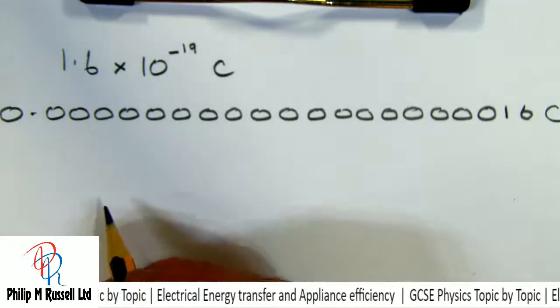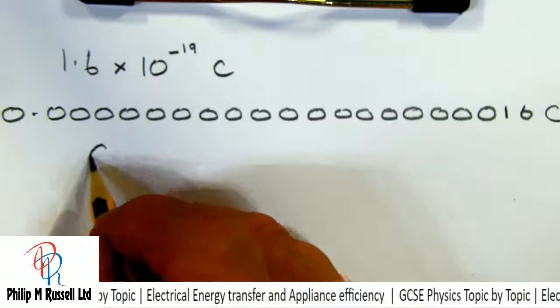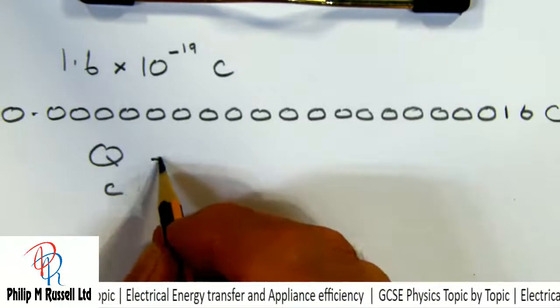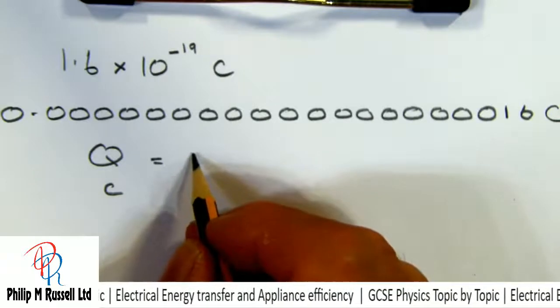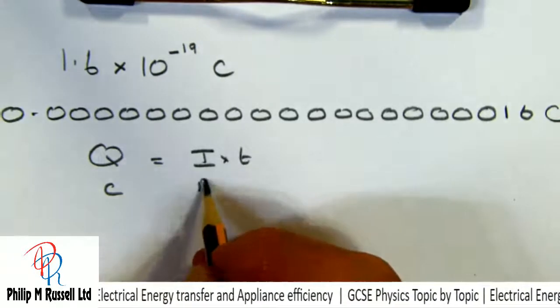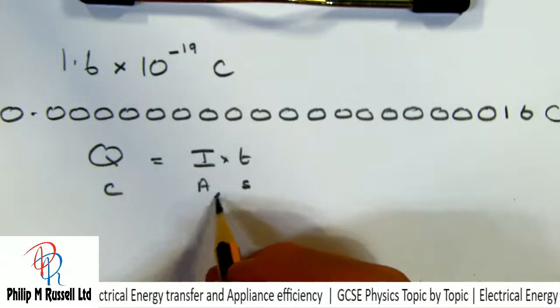We have our formula that the charge, coulombs here, equals the current times the time, amps times seconds.